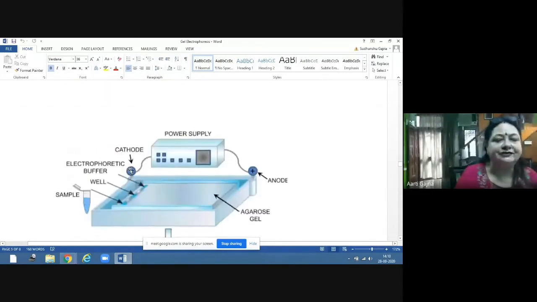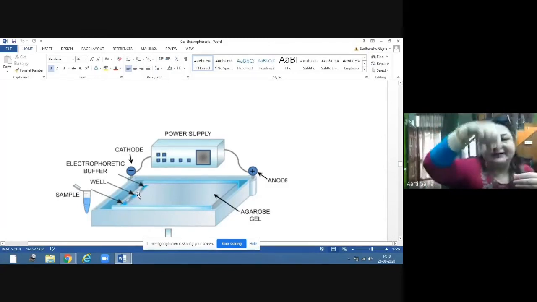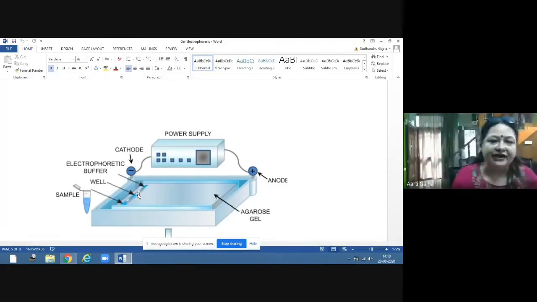This is the power supply. This is the cathode, this is the anode. Towards the cathode, we have the wells, the holes through which we can put the sample. And what is the sample? The DNA sample.